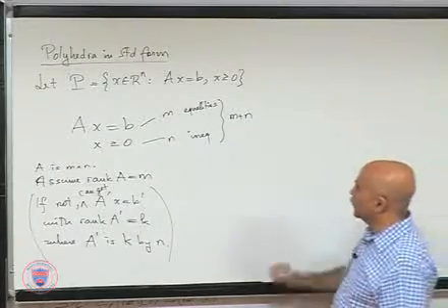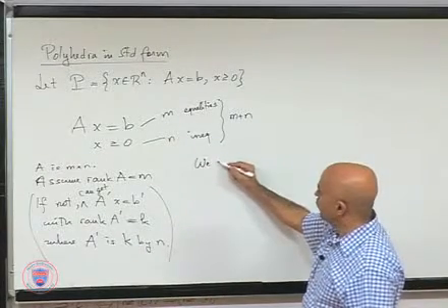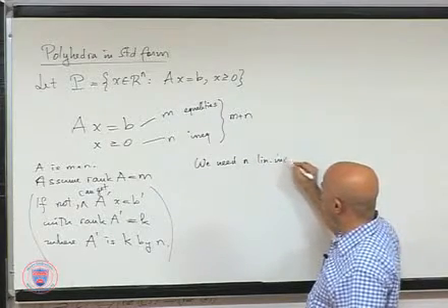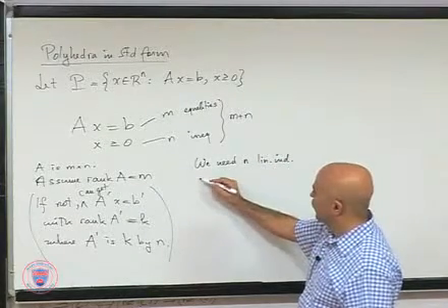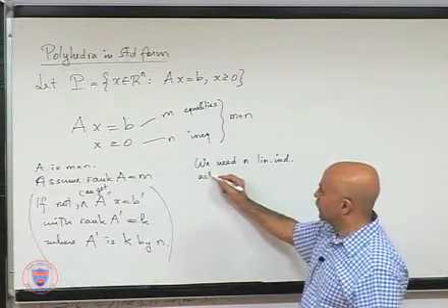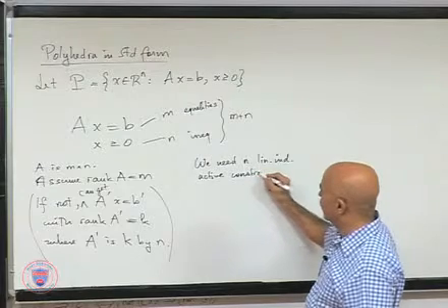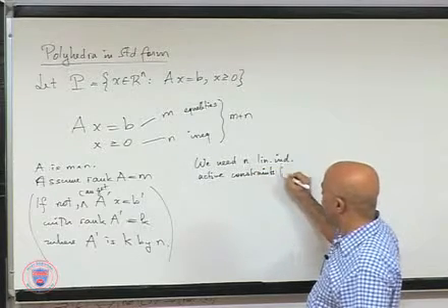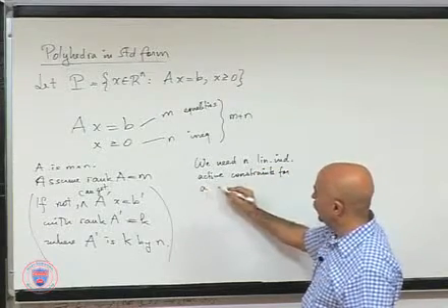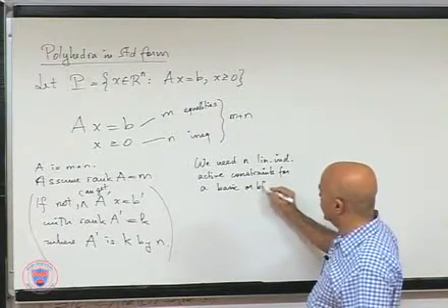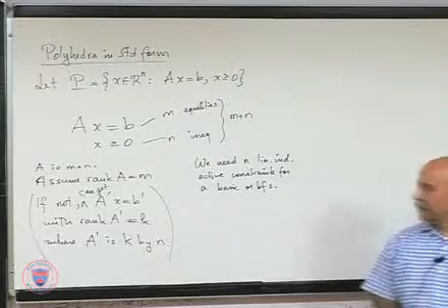How many do we need? We need n linearly independent active constraints for a basic or basic feasible solution.